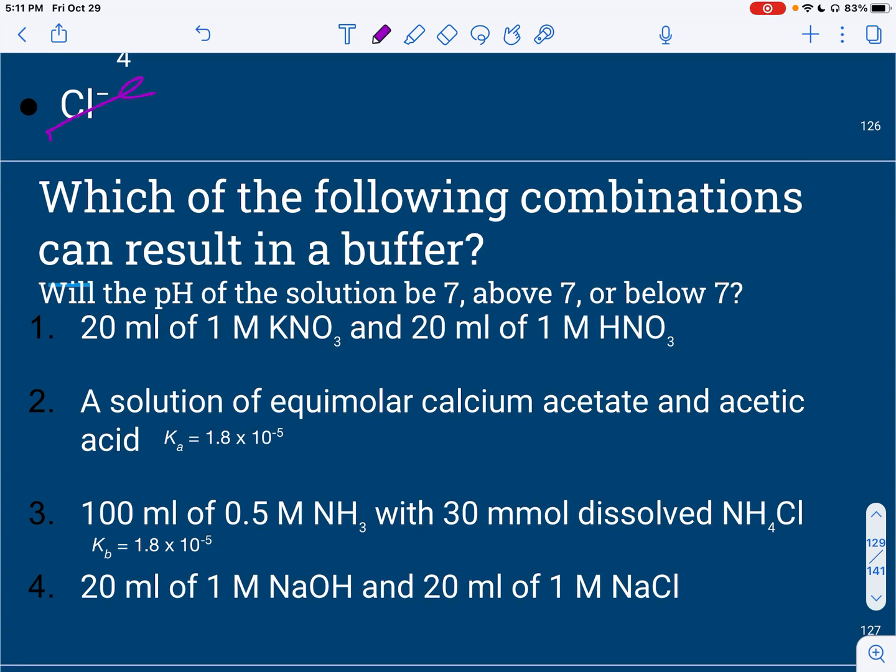So this one is a strong acid and a spectator, no buffer. This one is acetic acid, and its conjugate, so it's going to be a buffer.